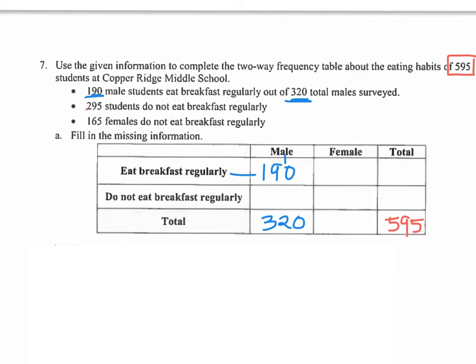295 students do not eat breakfast regularly. So do not eat breakfast regularly is this row. The total number of students is 295. Let's just erase that.